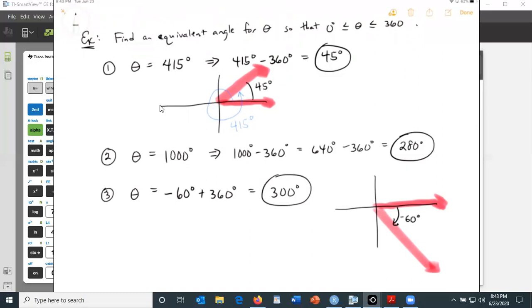So that's negative 60. But positive 300 would just be rotating all the way around the other way in the counterclockwise direction. And notice they meet in the same place. And also, the one nice thing about the negative and the positive values, if you ignore the negative and you add that to this answer, it should form a circle.